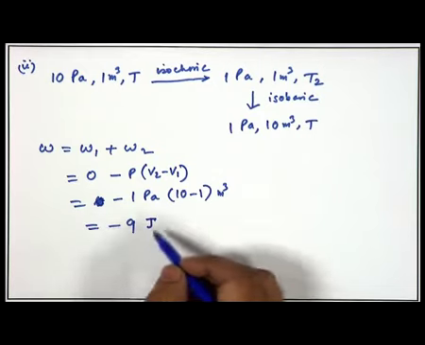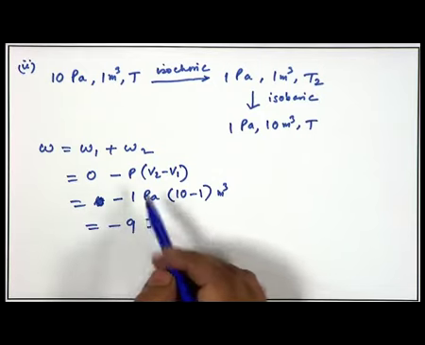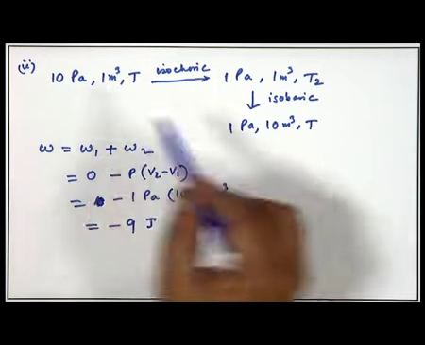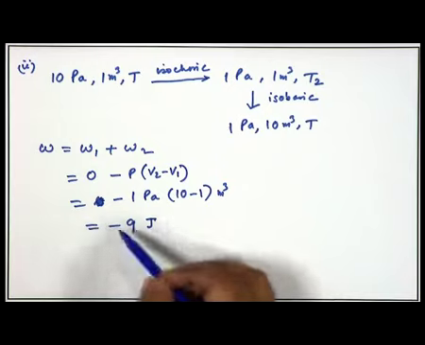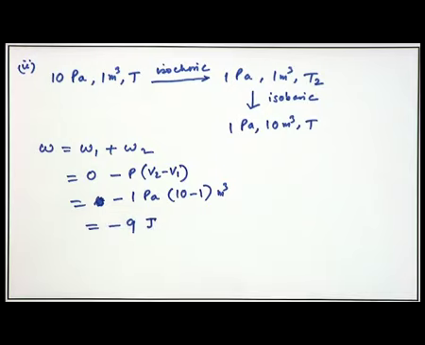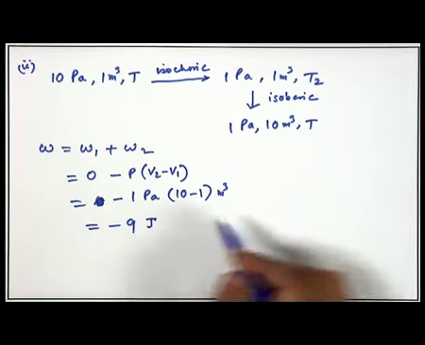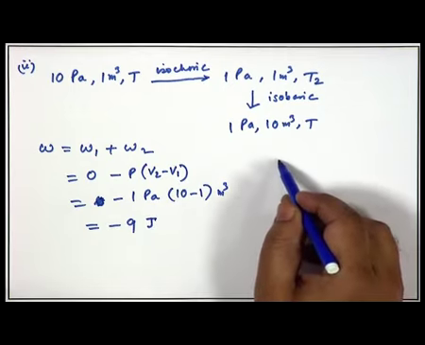You can see this is an expansion process, volume is going from 1 to 10 meter cubes, and because of the expansion process the system is losing some energy. So, in all the cases you are getting a negative value for your work.